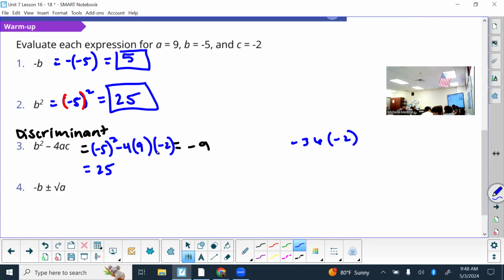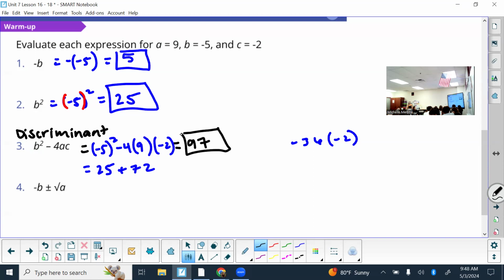Did you say 82? Okay, positive 72 is correct. So that is me multiplying here and then here. It becomes 25 less 72, which is definitely not -9. It is actually 97. Our discriminant b squared minus 4ac ends up being 97.